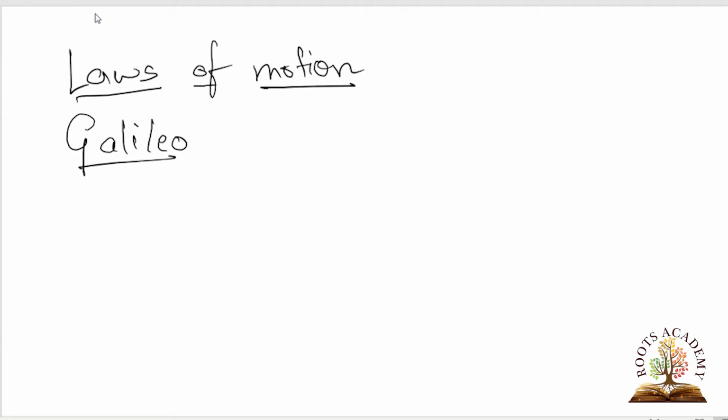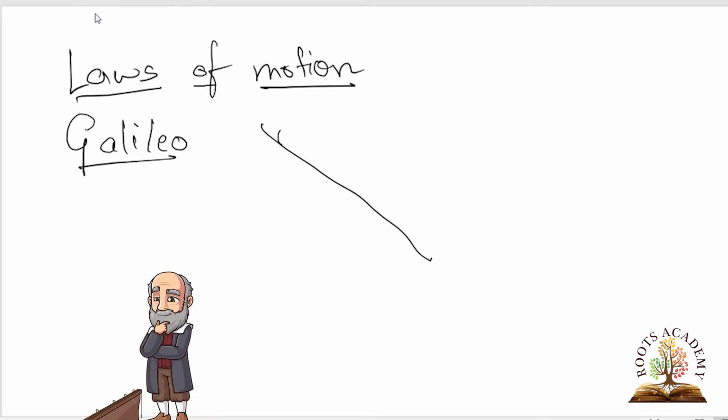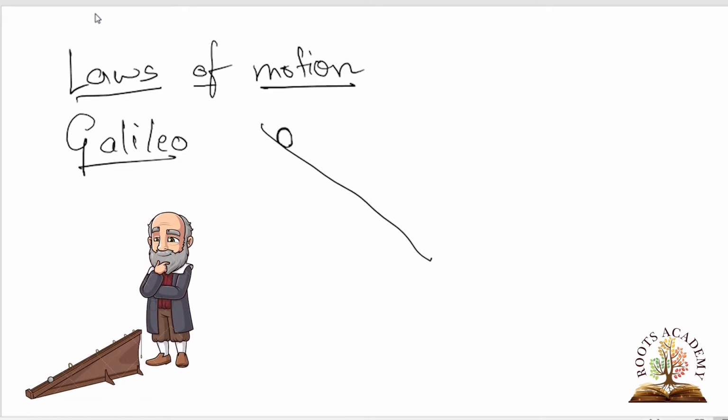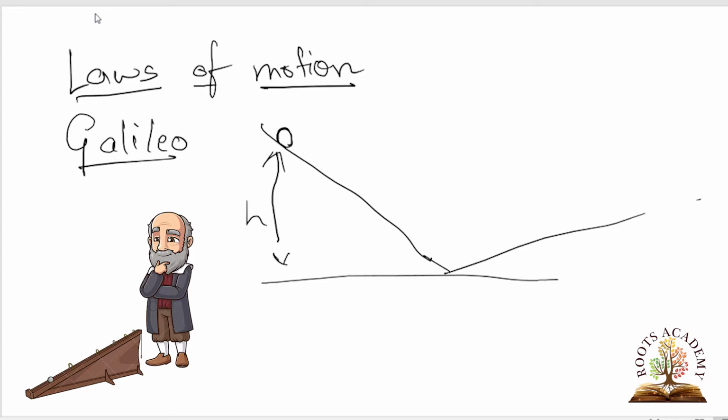So what Galileo understood about motion was, he did an experiment wherein he released a marble ball from an inclined plane from a certain height. So we have a certain height and this is our inclined plane.